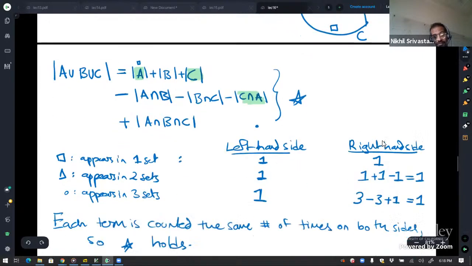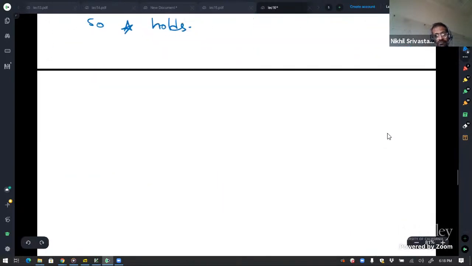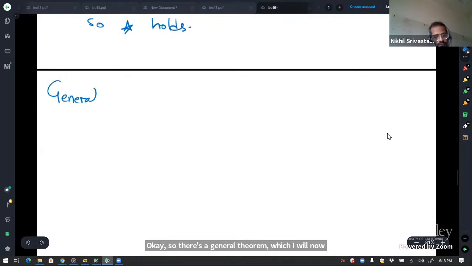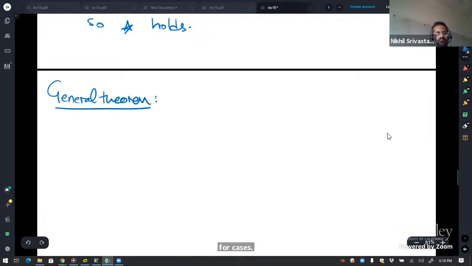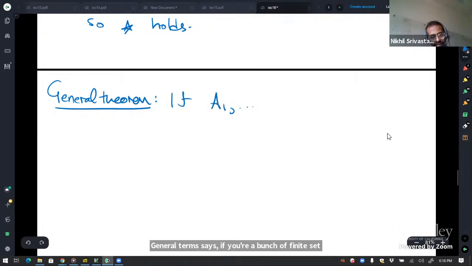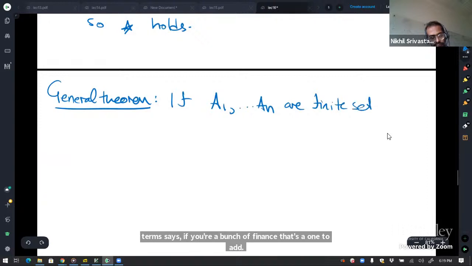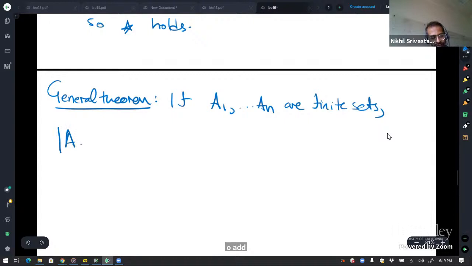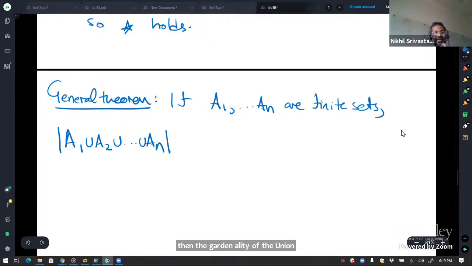Okay, so there's a general theorem, which I will now state for K sets. So the general theorem says if you have a bunch of finite sets, A1 through AN, then the cardinality of the union of all of them behaves kind of the same way.